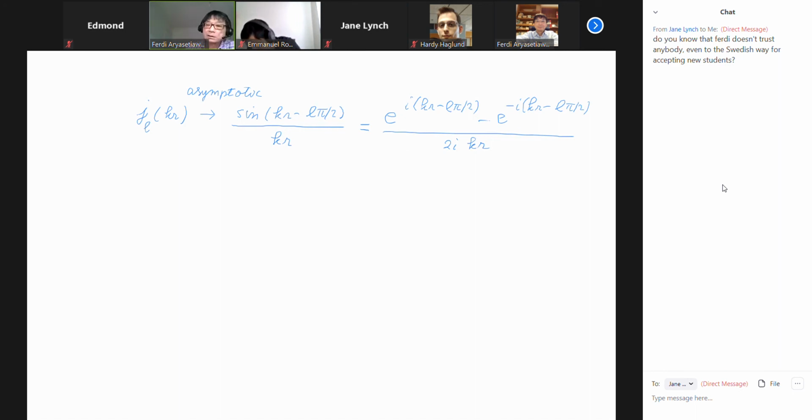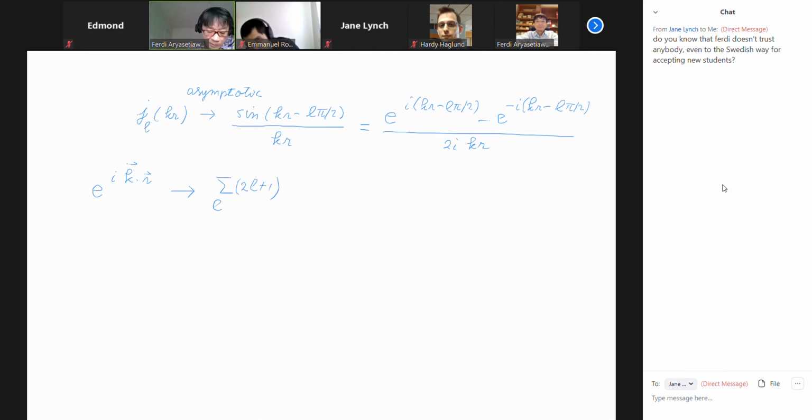So this is the asymptotic expansion of spherical Bessel's functions. It's not obvious, but we just have to accept this. So this means that the asymptotic expansion of the plane waves is like that. And then this becomes plus 1.